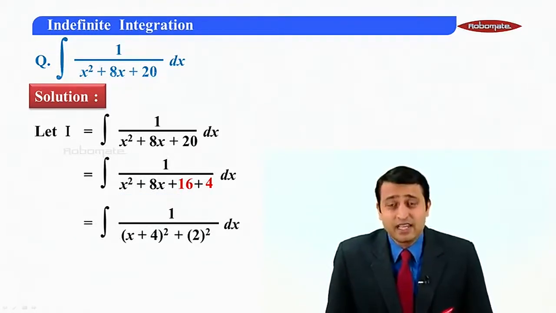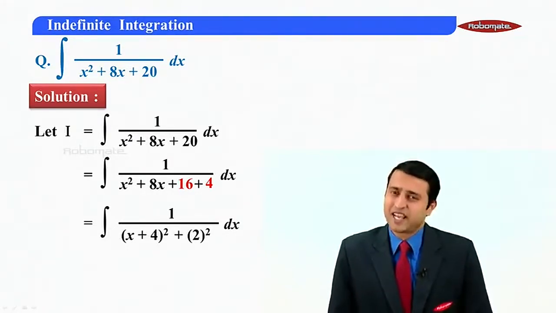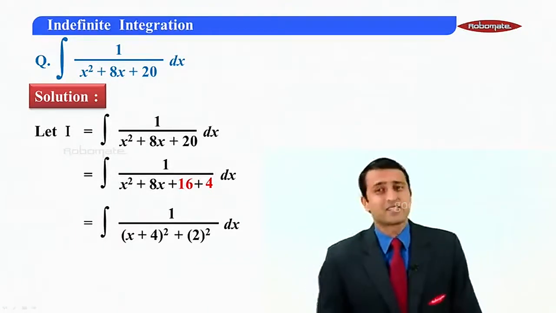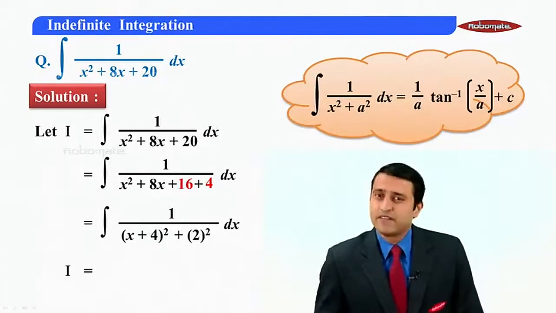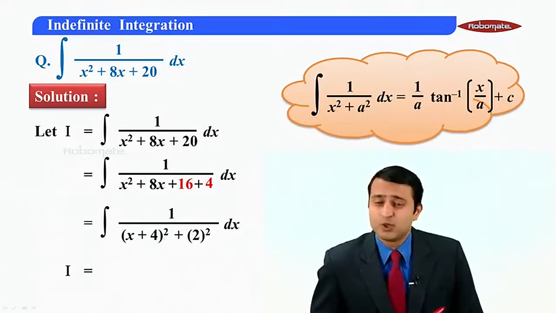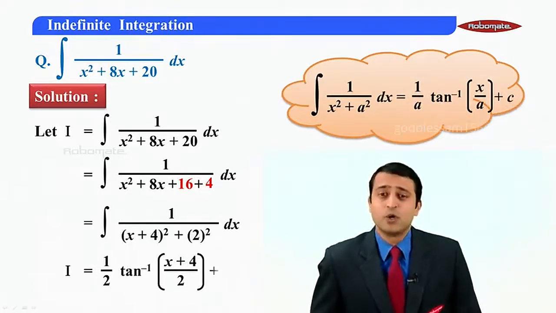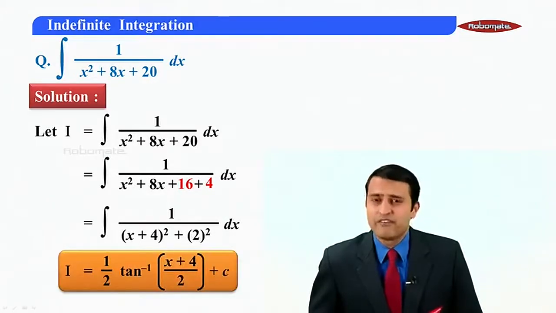And again I need to recall which standard formula is involved. Because there is a plus in between, it is tan inverse. So let us apply the formula. 1 by a, where a is nothing but 2. So 1 by 2 tan inverse of x plus 4 upon 2 plus c. And there is no simplification required, so this is our final answer.